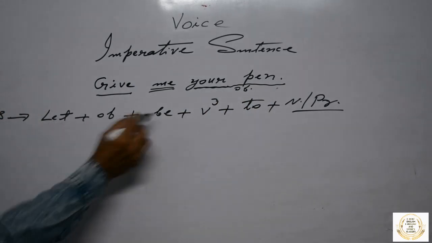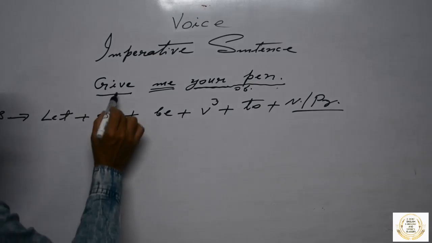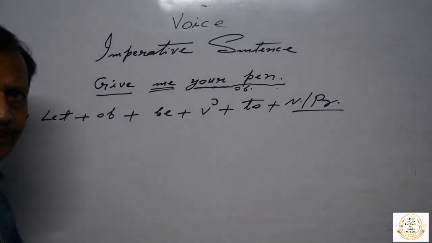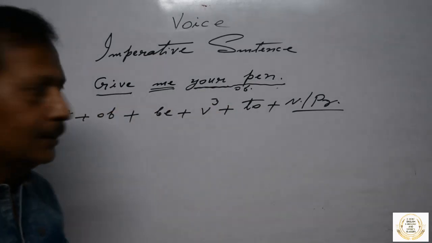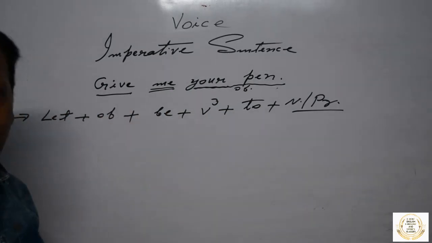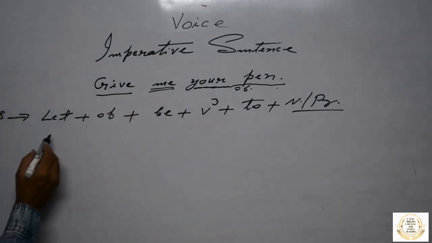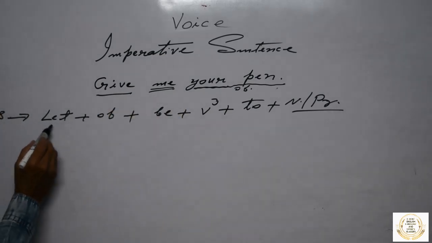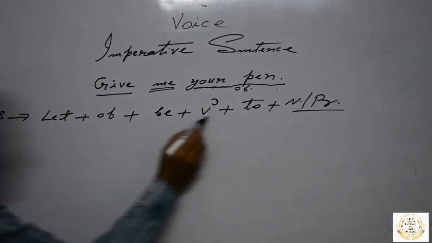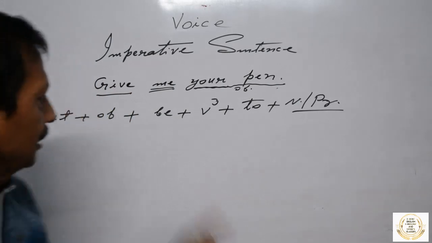So what should be the correct answer for this? First you have decided this is imperative sentence, this is active voice. Then you have decided this active voice reflects the idea of order or command. So for such a question, the answer should be based on this single pattern, single construction. This is not a structure, this is construction.